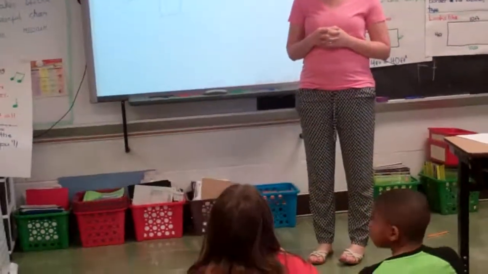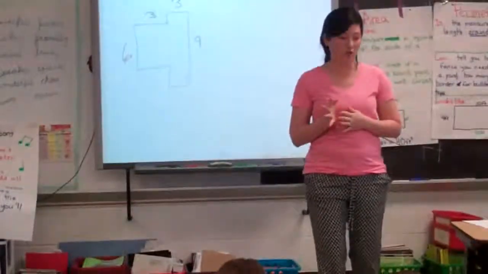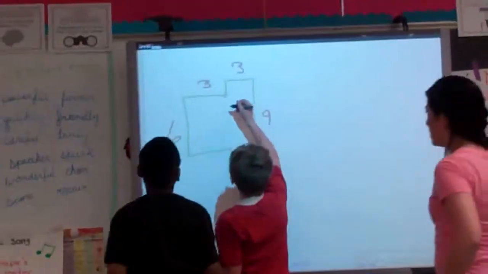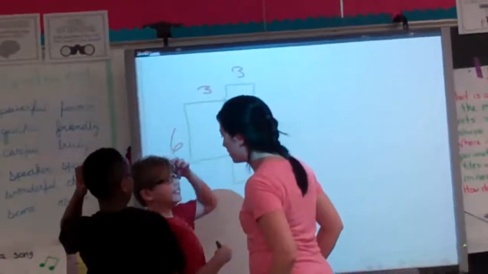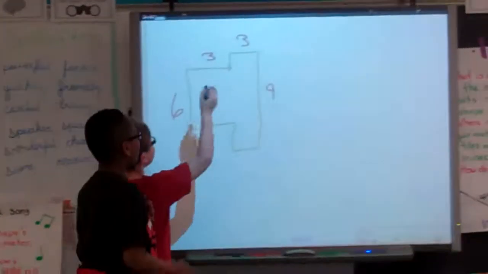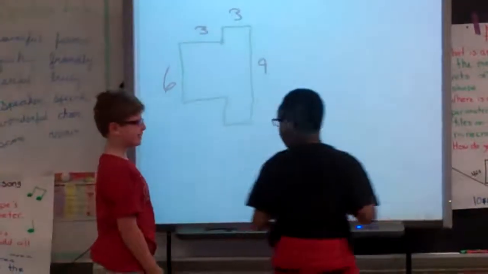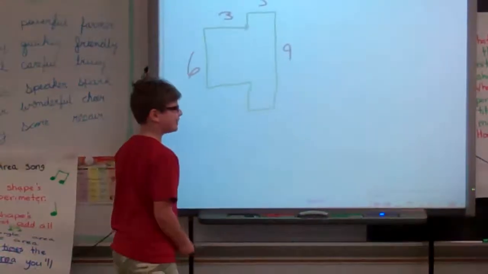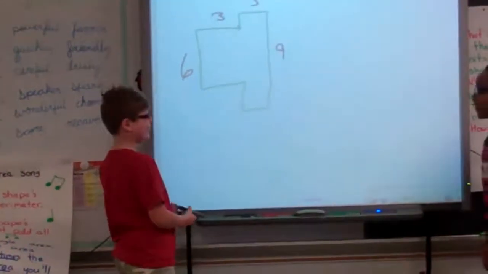All right. Jade and Espen, can you come show us what you all did? I want you guys to talk to us while you're doing it. James and Michael, are you guys ready to listen? Jaden, are you? Come on, tell us what you're doing.